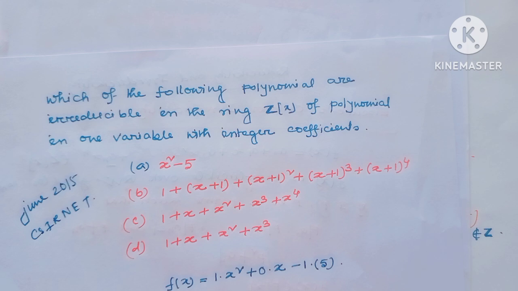Option B, 1 plus (x plus 1) plus (x plus 1) whole square plus (x plus 1) whole cube plus (x plus 1) to the power 4. Option C, 1 plus x square plus x cube plus x to the power 4. Option D, 1 plus x square plus x cube. Which of the following polynomials are irreducible in Z[x]?